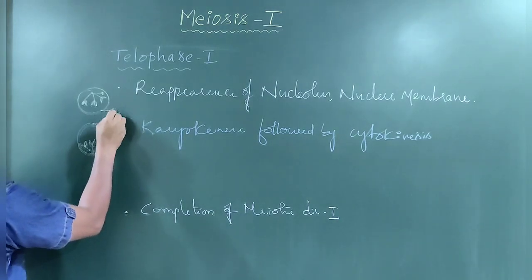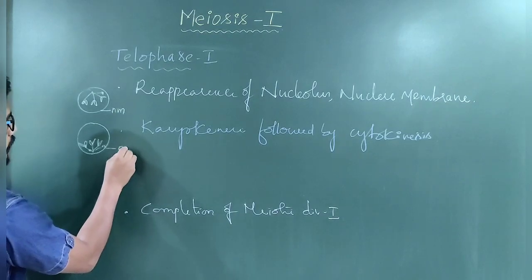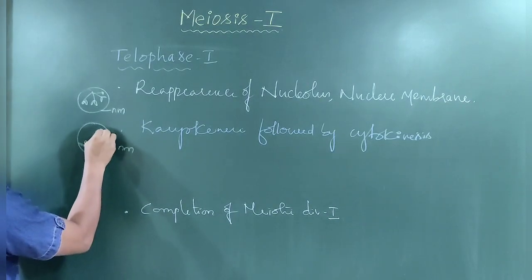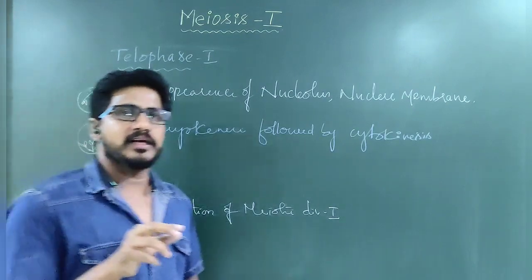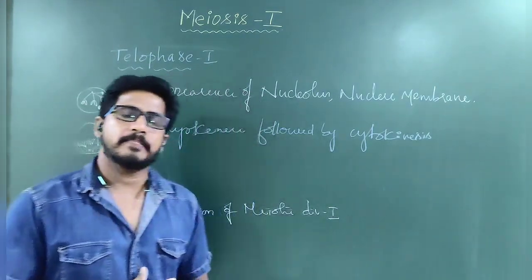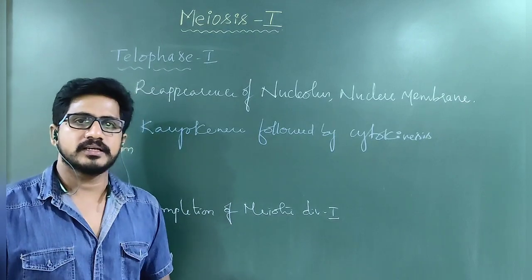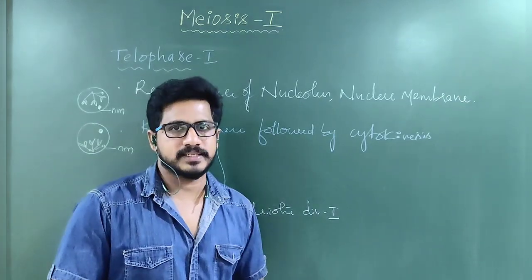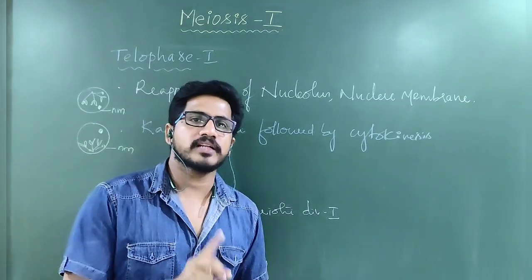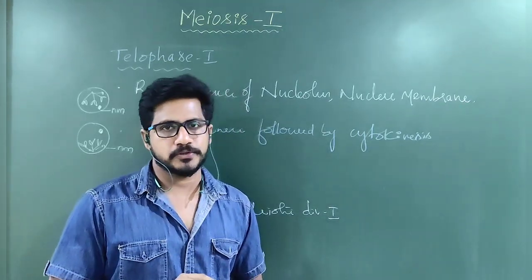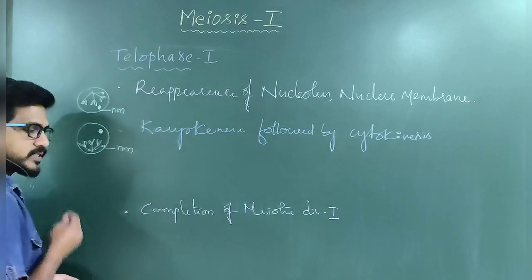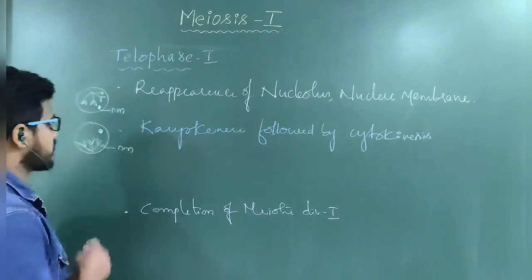This is a nuclear membrane. This is also a nuclear membrane. And the nucleolus is also formed. The nucleolus is a cell organelle present inside the nucleus, which helps in ribosomal synthesis. Without the nucleolus, ribosomes cannot be produced. We can say it is a factory of ribosomes. So it is a characteristic of eukaryotic cells.